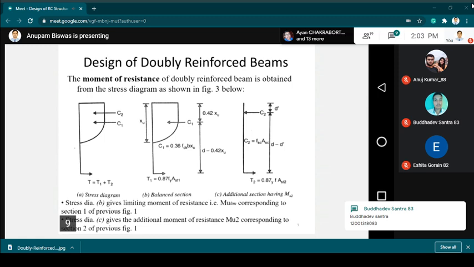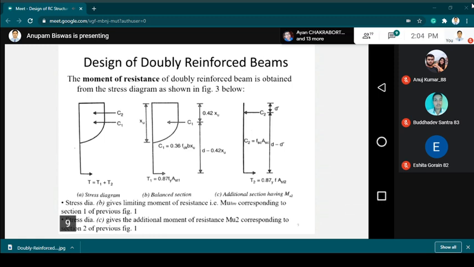So T is equal to T1 plus T2, and the corresponding value of compression for this compression zone, the compressive stress C1, is for your reinforcement at a distance of 0.42 Xu.